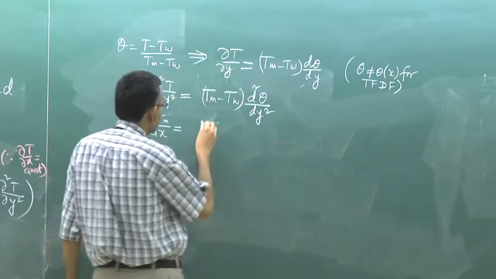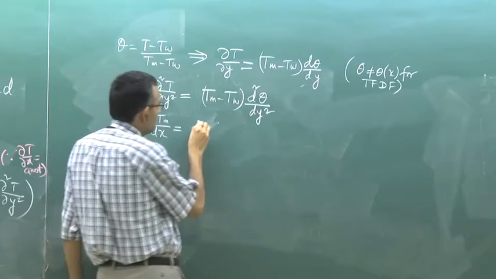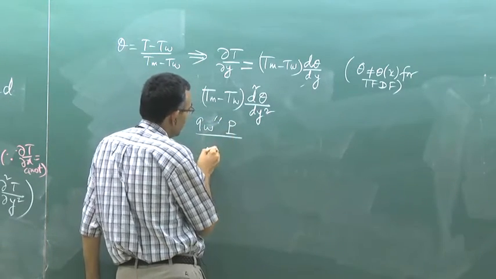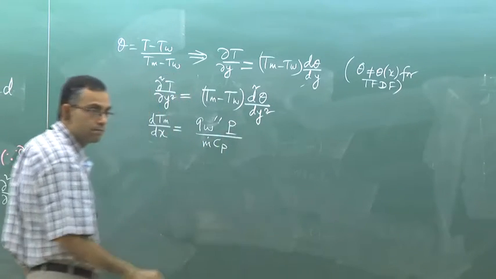What is that expression? Q double dash P by m dot Cp, right?